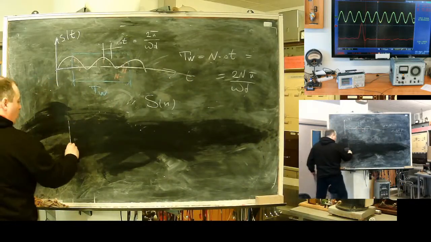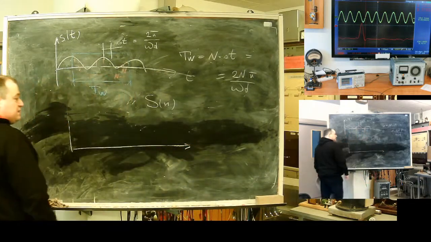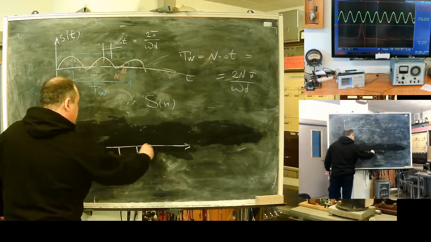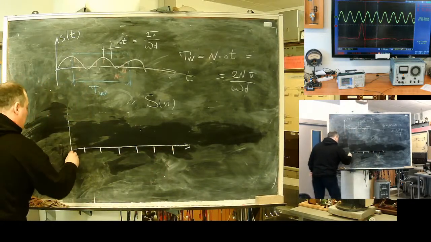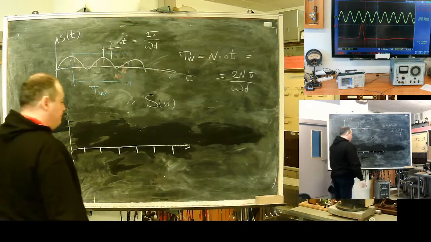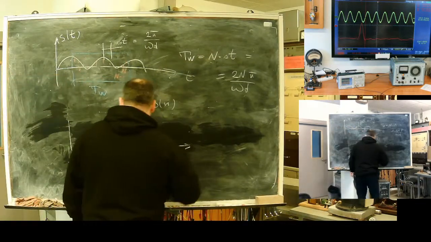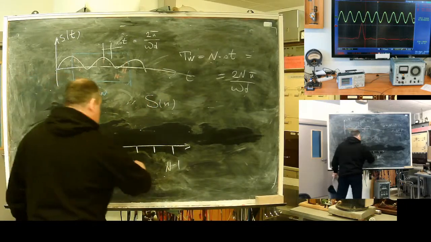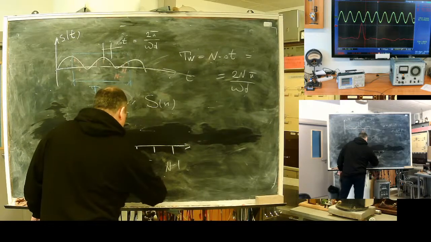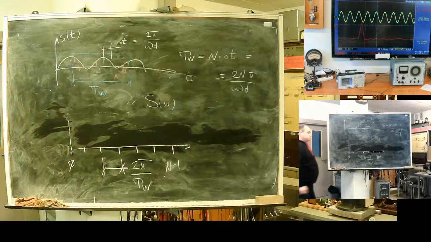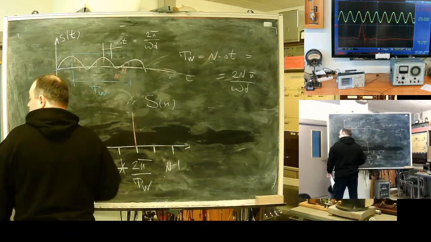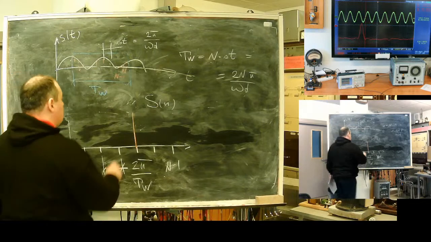My scope, or any system using the discrete Fourier transform, will have a frequency grid starting from 0 and ending at N minus 1, and the space between lines is 2π divided by the observation window. If I have a signal, for example, I have a good result.